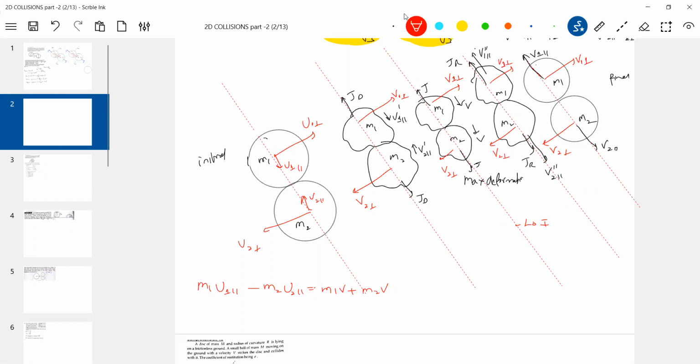Look at m1 u1 parallel minus m2 u2 parallel. This quantity will become zero, no? LHS.